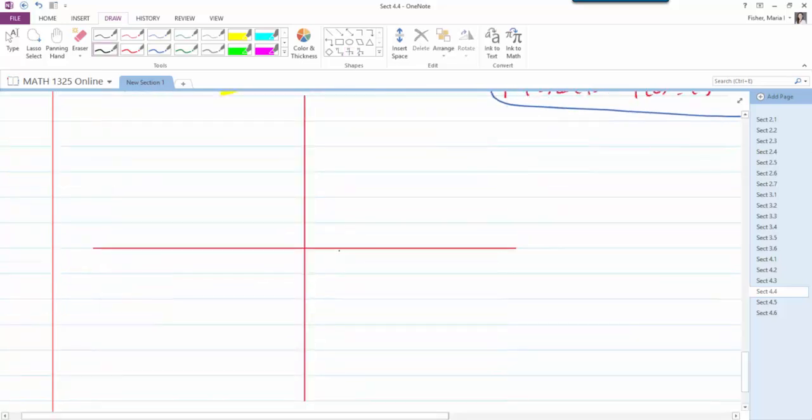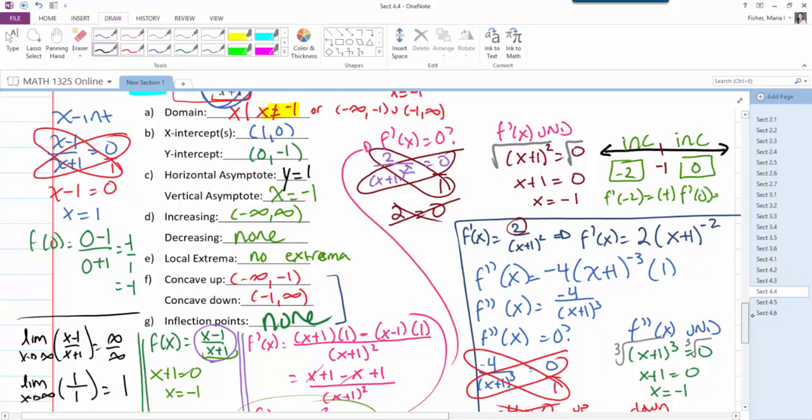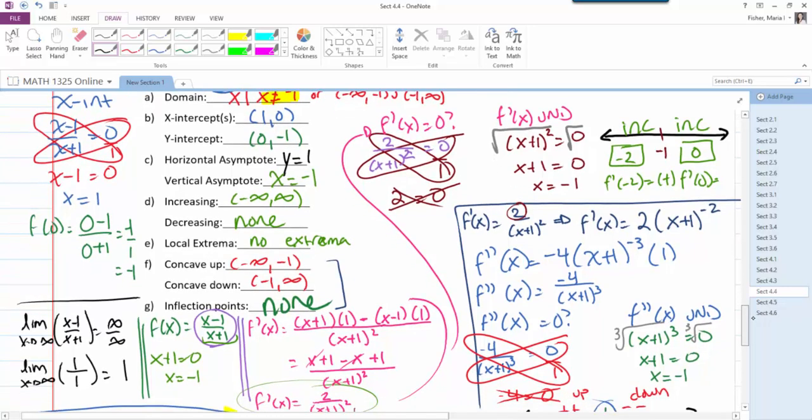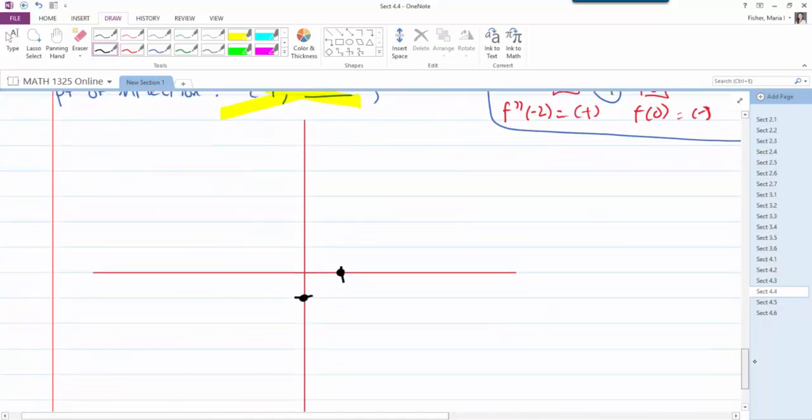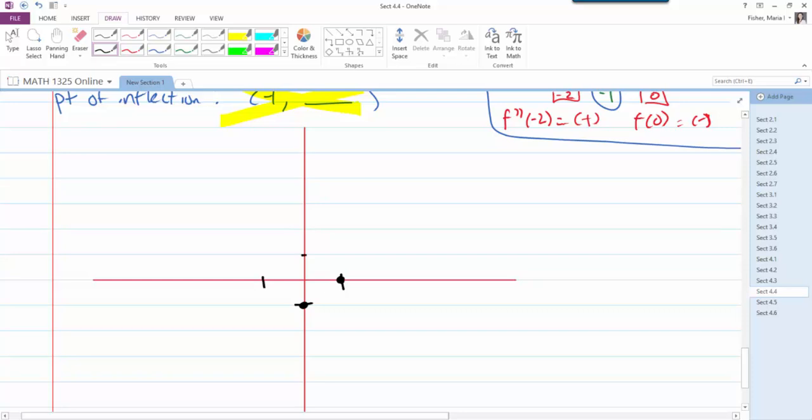So what we know is that we have an x-intercept at (1, 0), and we have a y-intercept at (0, negative 1). We also know that we have a horizontal asymptote at y equals 1 and a vertical asymptote at x equals negative 1. So here is our vertical asymptote at x equals negative 1 and our horizontal asymptote at y equals 1.